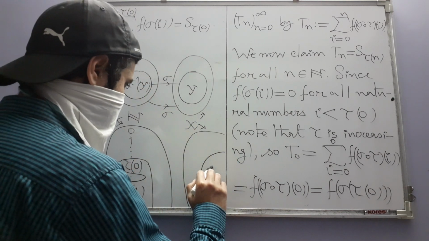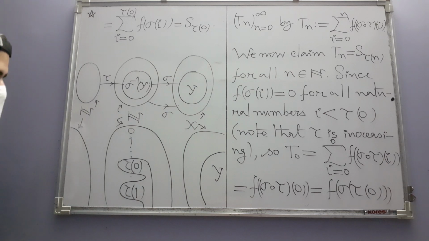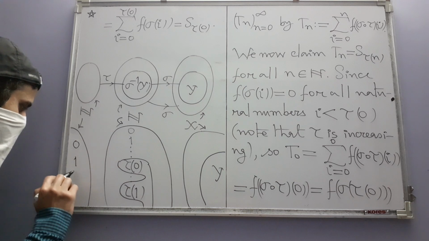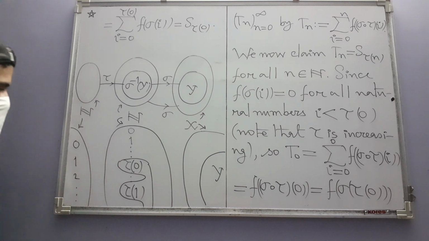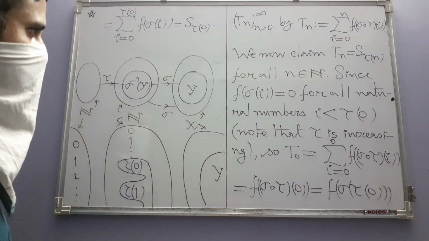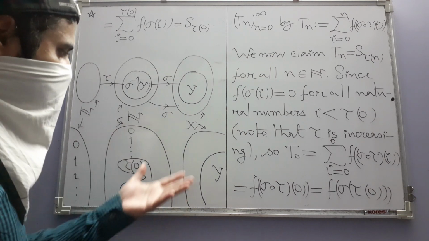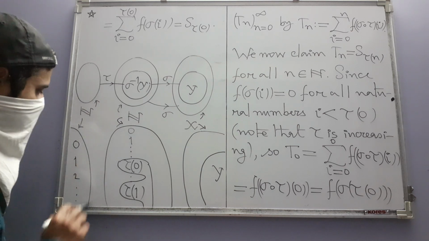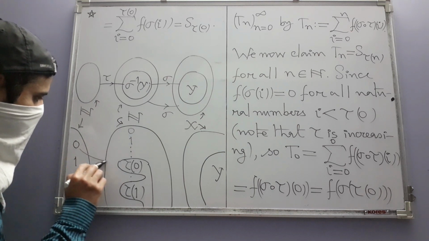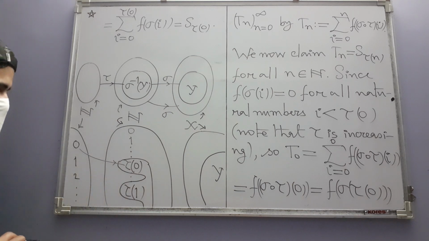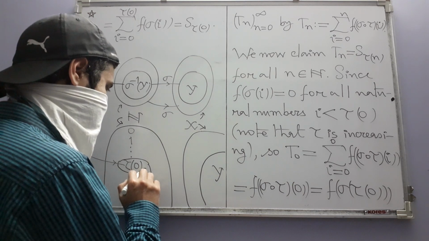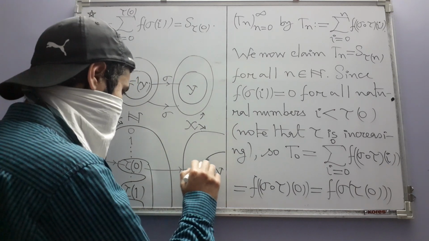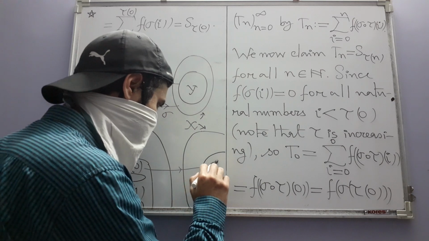Now this is x and this is y. So when we look at n, of course we have our usual ordering. So when we look at the function sigma composition tau, 0 gets mapped to what? 0 gets mapped first to tau of 0 by tau, and then that tau of 0 itself gets mapped by sigma to sigma composition tau of 0, which is an element here.